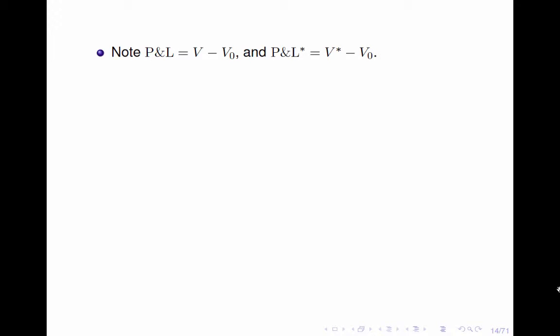Note that the profit and loss is equal to the current portfolio value V minus the initial portfolio value V0. And for a particular portfolio value V star, its corresponding profit and loss is denoted by P and L star. From the previous diagram, we can see that the average profit and loss is equal to $5.417 million.